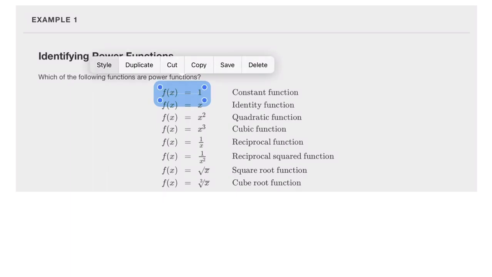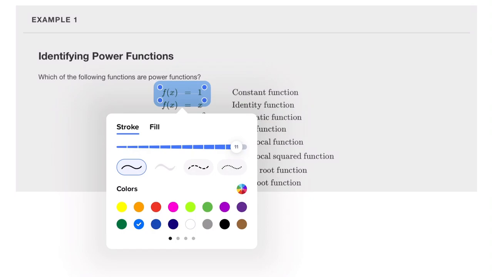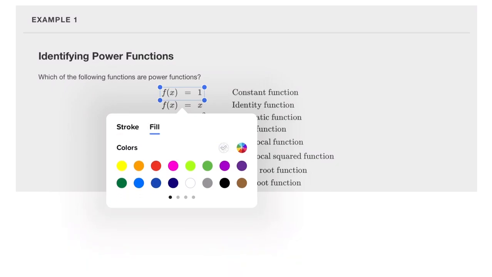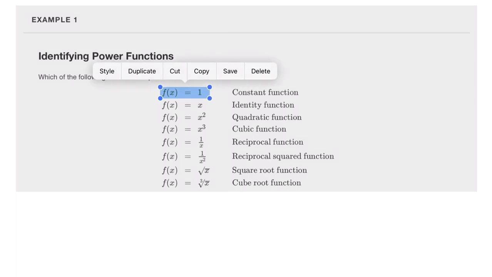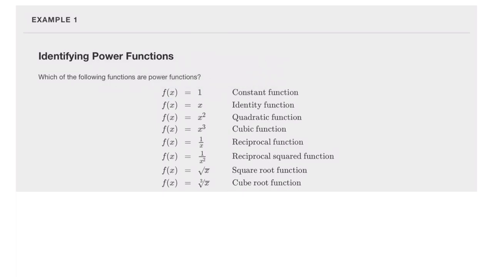Let's go like this. Style stroke is thin. Fill like that.